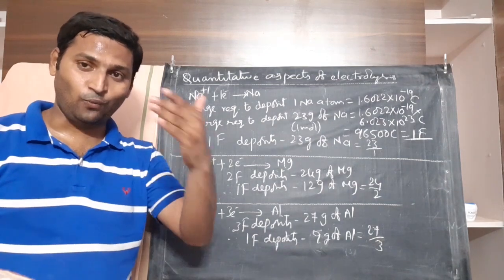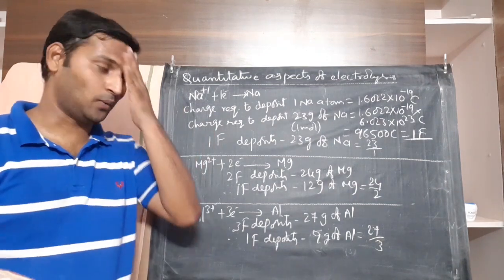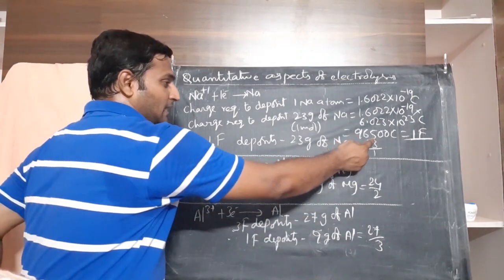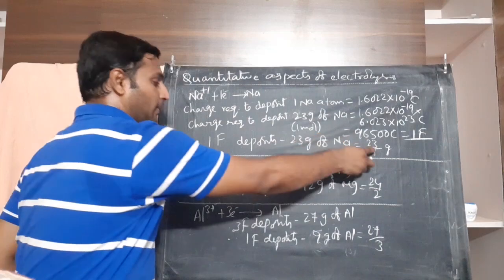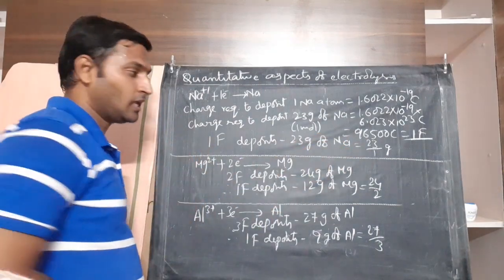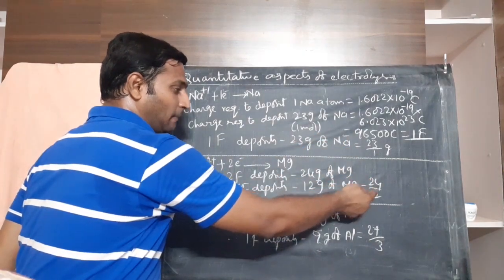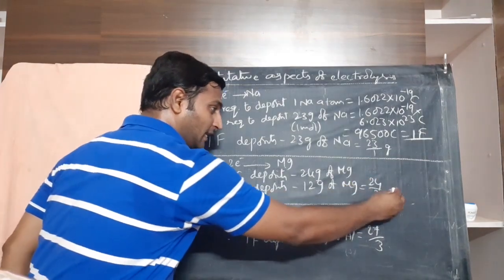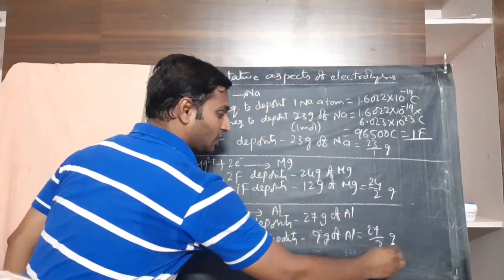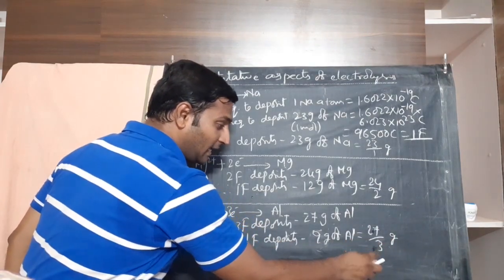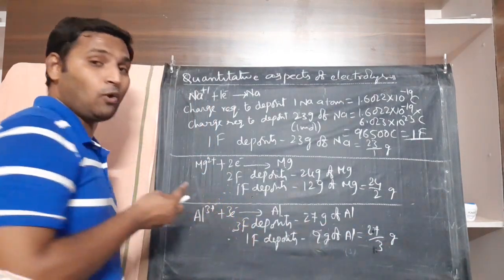They are their valencies. Now, atomic mass of sodium by its valency, many grams of sodium is deposited by 1 Faraday. Atomic mass of magnesium by its valency, many grams of magnesium is deposited by 1 Faraday. Atomic mass of aluminium by its valency, many grams of aluminium is deposited by 1 Faraday.